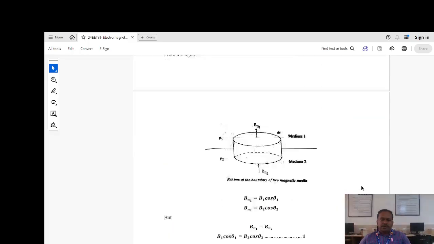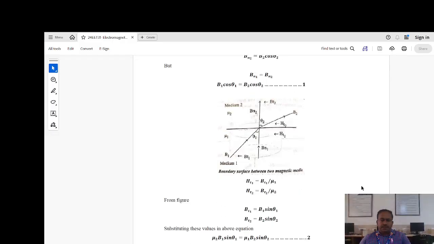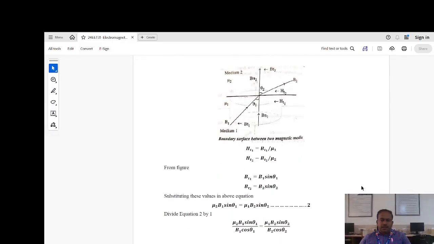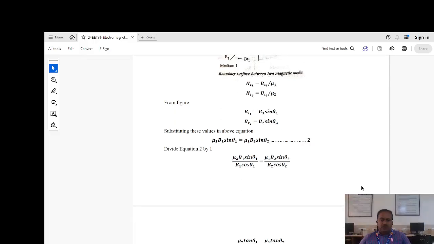From these equations we obtain tan theta 1 divided by tan theta 2 equal to mu1 by mu2. So these are the boundary conditions of the magnetic field between the two different magnetic media, mu1 and mu2.